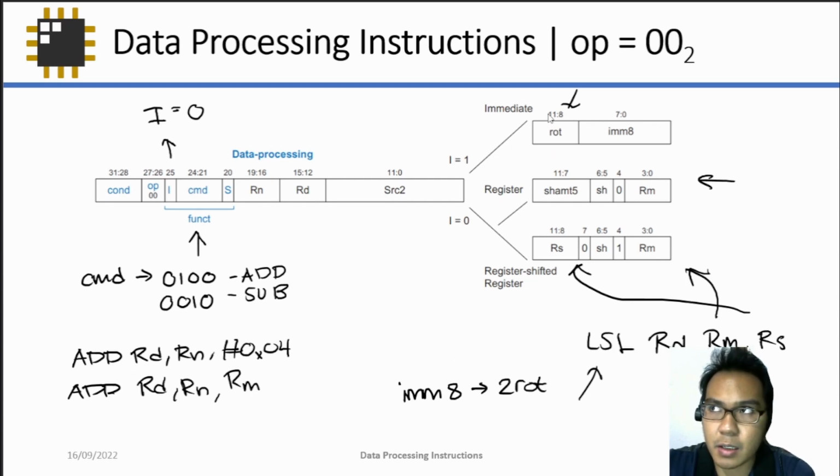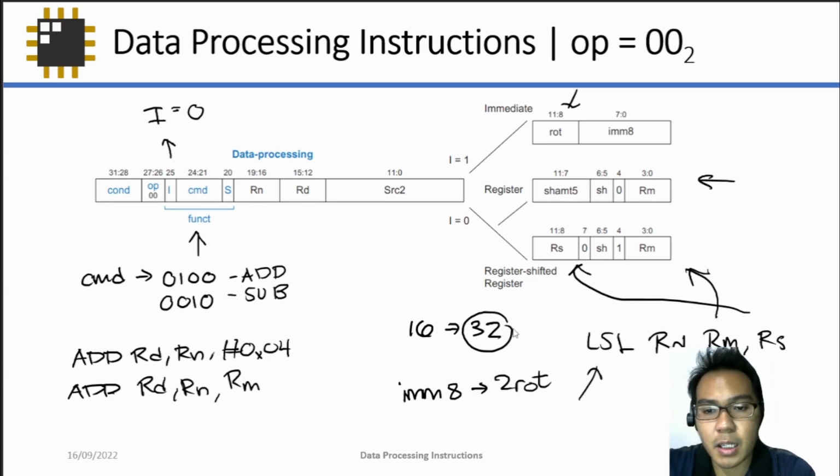You can see here that's 4 bits for rot, which means its maximum is 16. If you multiply that by 2, it becomes 32. So at most, you can shift im8 by 32 places, which makes sense, and now it makes sense why we use 2 times rot, because shifting something 32 times is actually going to put it back into its original place.